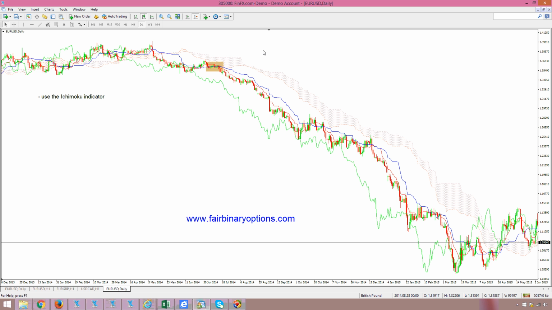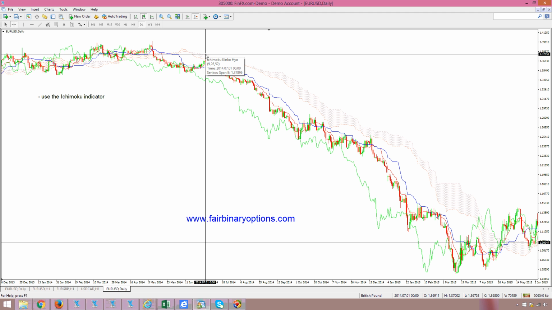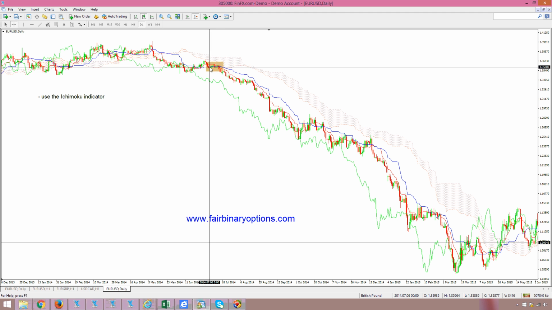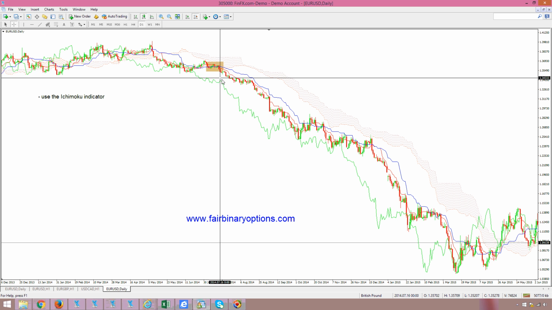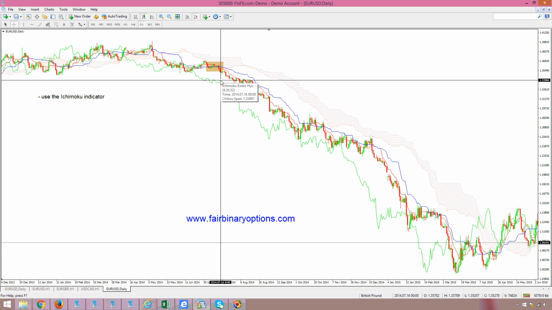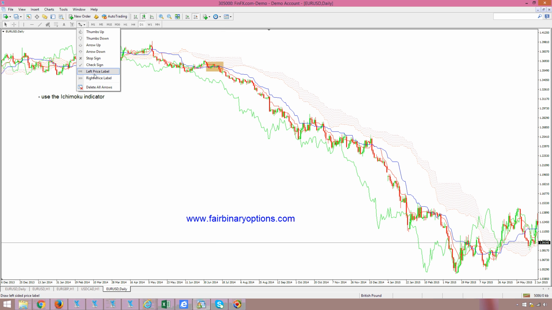So while on the first instance you had a strong rejection from the cloud, on the second instance price keeps trying but fails. So by the moment that we have one candle that goes below the Tenkan without touching the Tenkan, that is the moment that we want to buy a put option. Basically, we want to trade a put option, as that one is something that normally is difficult to be broken.